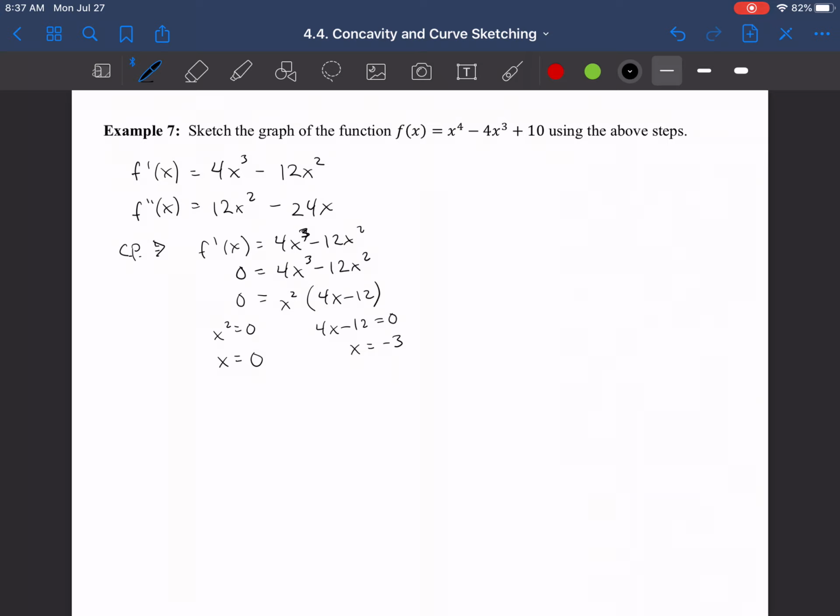Oh, maybe that's because I have to add 12 to both sides, so that should be a +3. Sorry about that. There we go. All right. So now we have x equals 0, x equals 3. That's more like what I was thinking. So anyway, that gives us our 2 critical points, and so that's the first thing to look at.